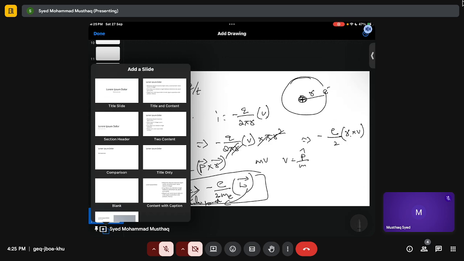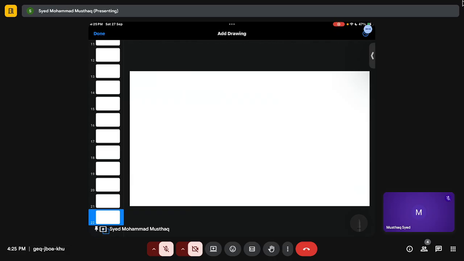Okay, so and there is also the spin. Spin of the electron around itself.